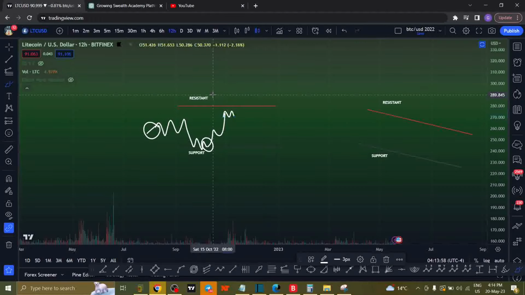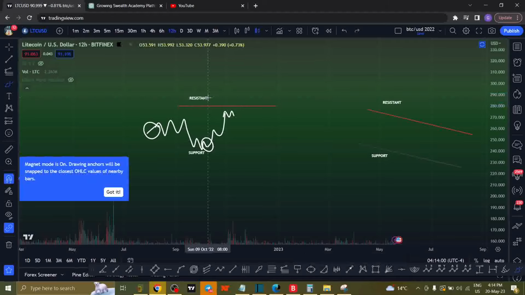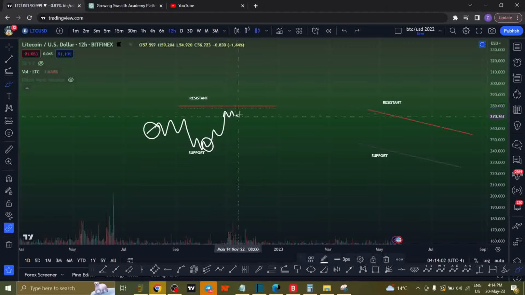A resistance level, on the other hand, as many would guess already, would act as a ceiling or a rooftop. So if the basketball hits the ceiling, of course, the basketball is going to come back to the ground. Same thing with price action.